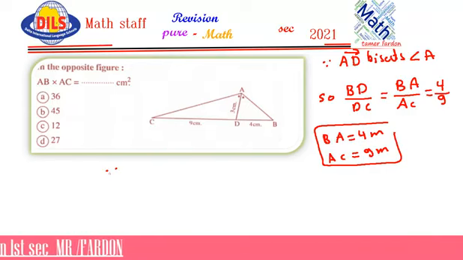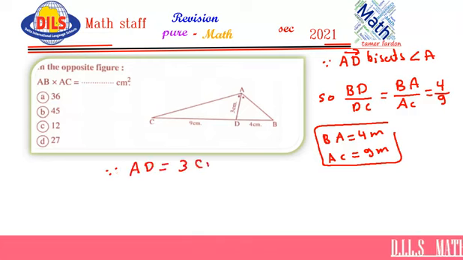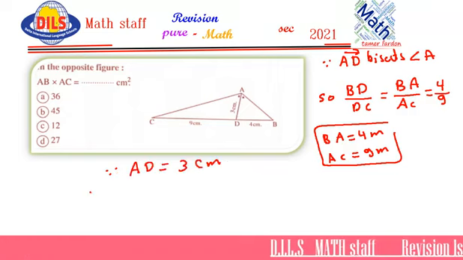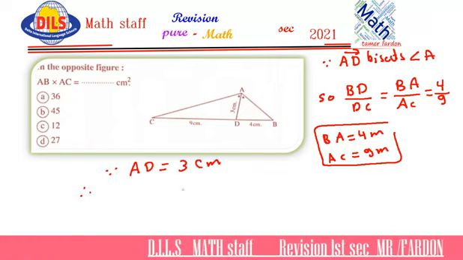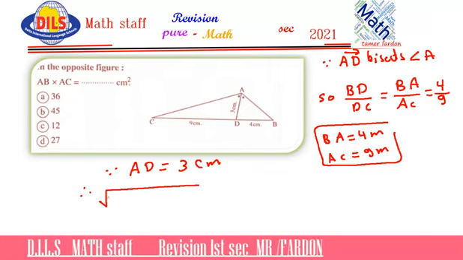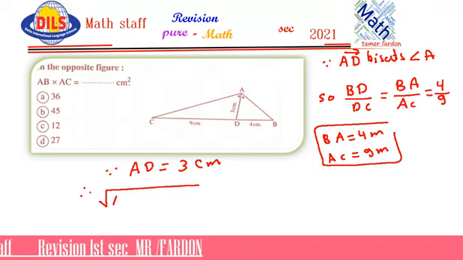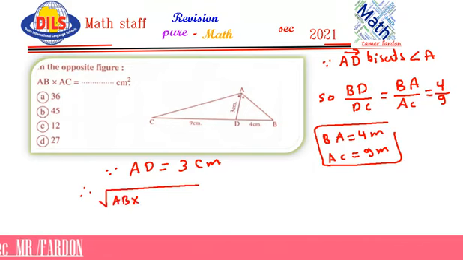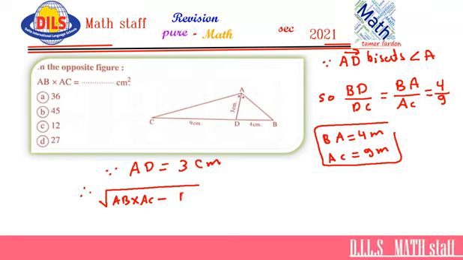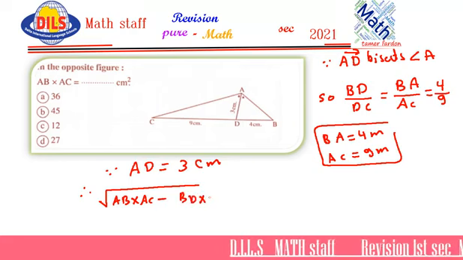Since AD equals 3 centimeter, we know that the rule of AD is: AD equals the square root of AB times AC minus BD times DC.